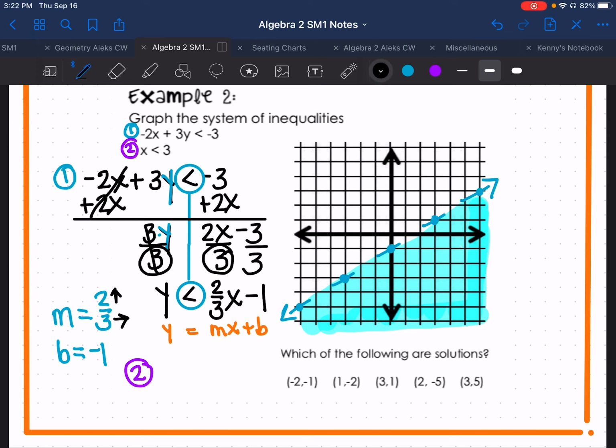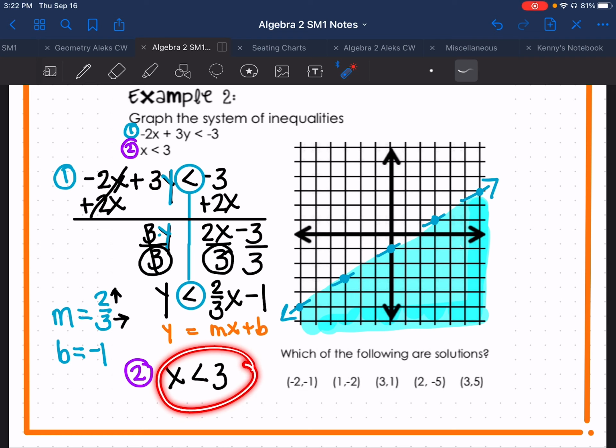All right, let's go ahead and take a look at equation number 2. Now, equation number 2 is not in y equals mx plus b form. It is in that special form of x equals. When I have a graph that's in this form, I get a vertical line, straight up and down at this number on the x-axis.